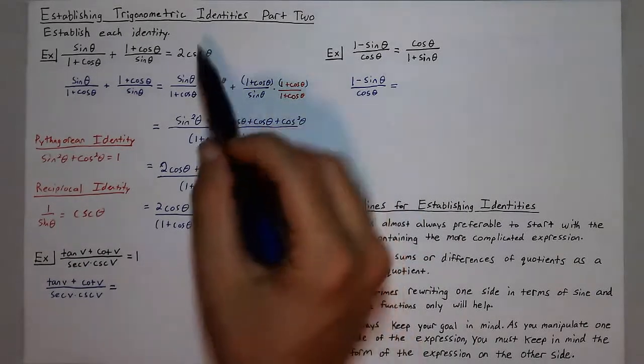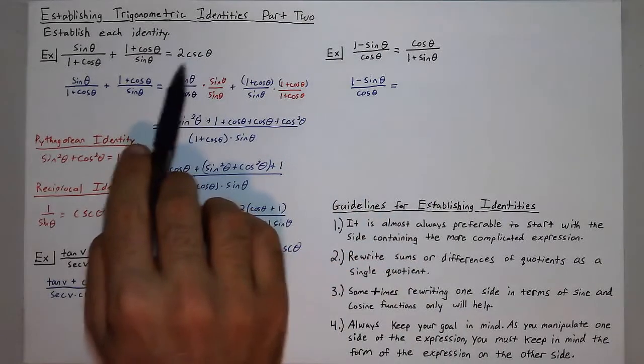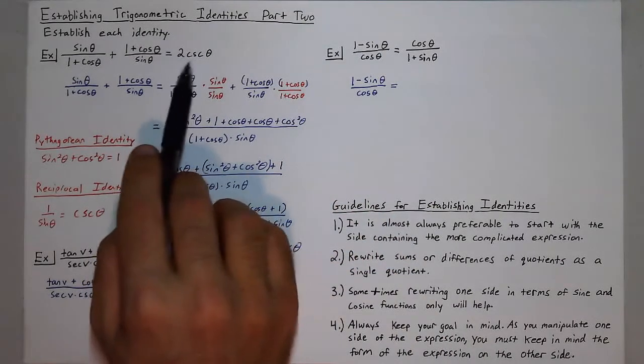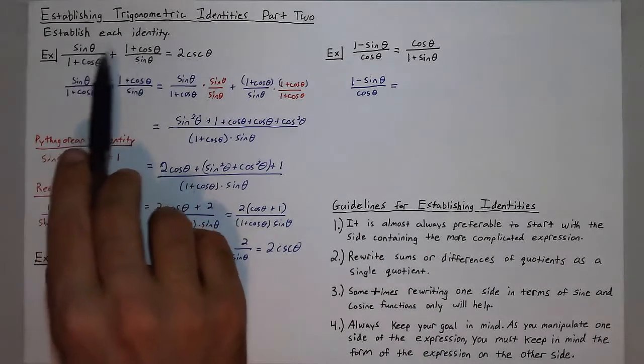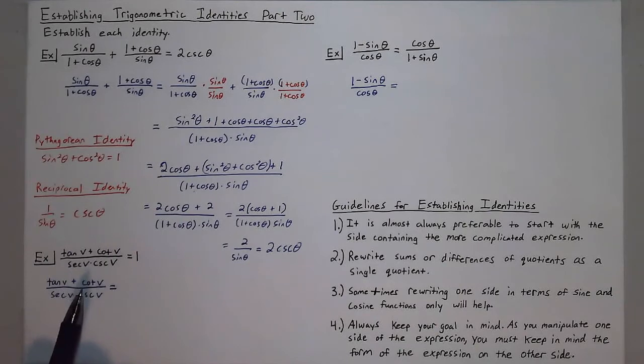Again, these usually do take some time, so take your time through it, but always keep that end goal in mind. I knew this was one term, so I knew I had to find a common denominator in order to solve this. Now next up, I have tangent v plus cotangent v over secant v times cosecant v.